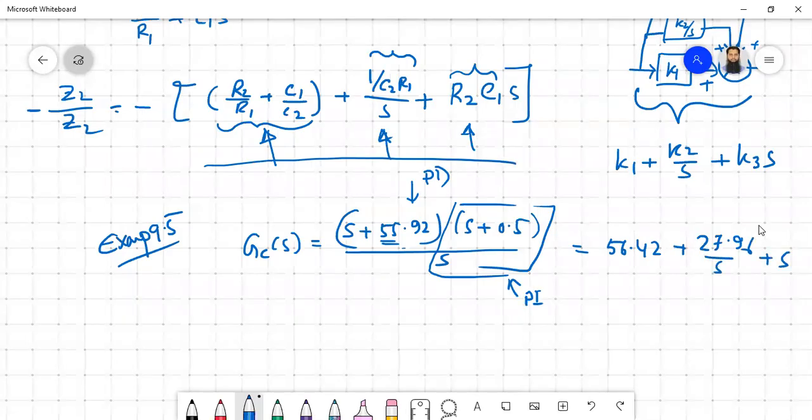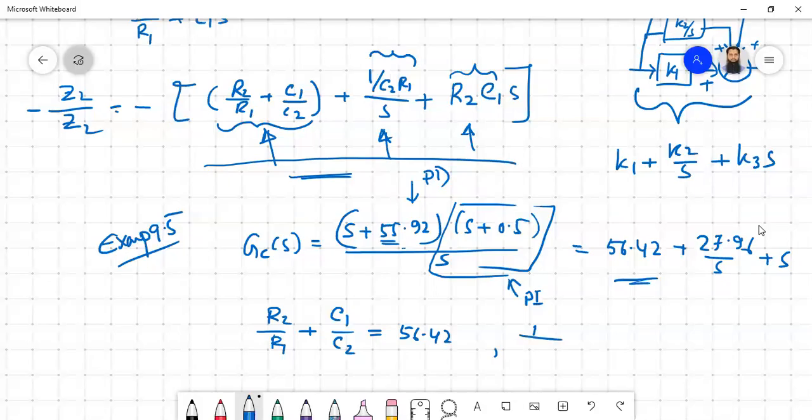From here we can conclude, if you compare this one with this one, that R2 by R1 plus C1 by C2 equals 56.42. And you have 1 by C2 R1 equals 27.96. And your R2 C1 equals 1.